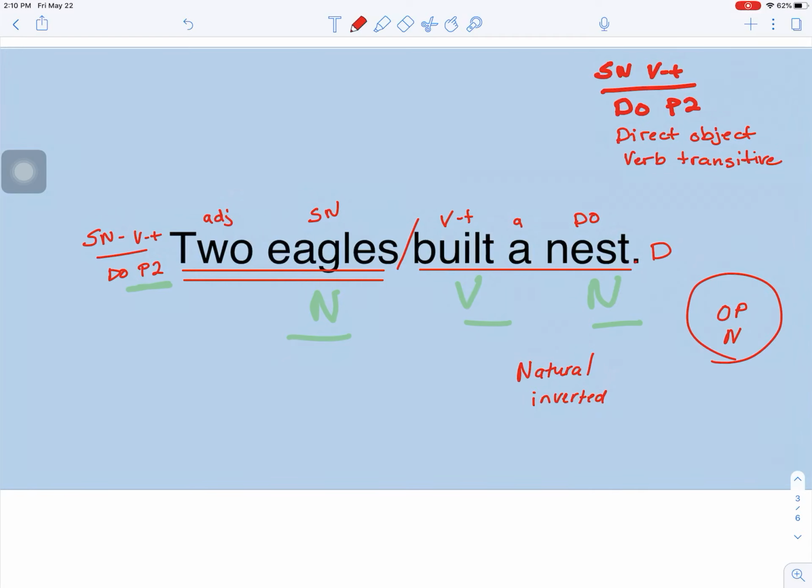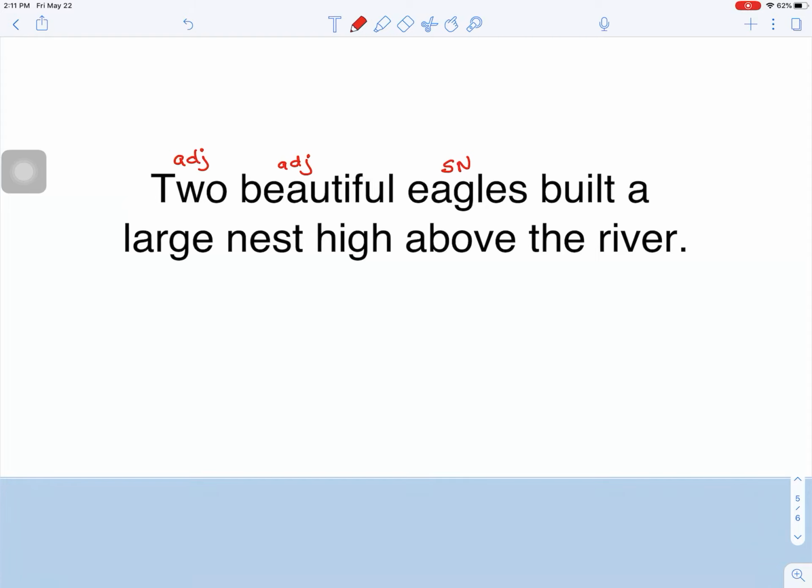That is quite a long sentence. So what are we talking about? Who built a large nest high above the river? Eagles. How many? 2. What kind? Beautiful. Okay, so we've done that. What did the eagles do?